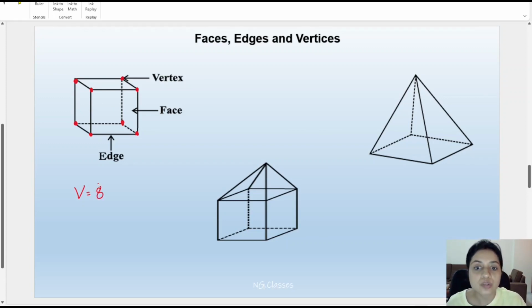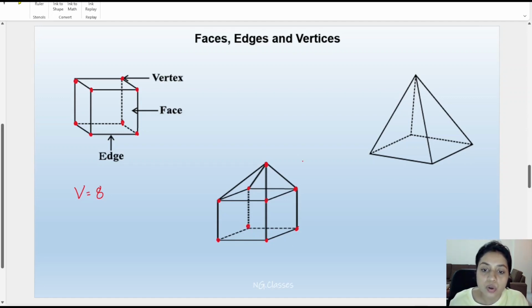Alright, let's count the number of vertices for the second figure. Here we have one corner point, 1, 2, 3, 4, 5, 6, 7, 8, 9. Anything else?